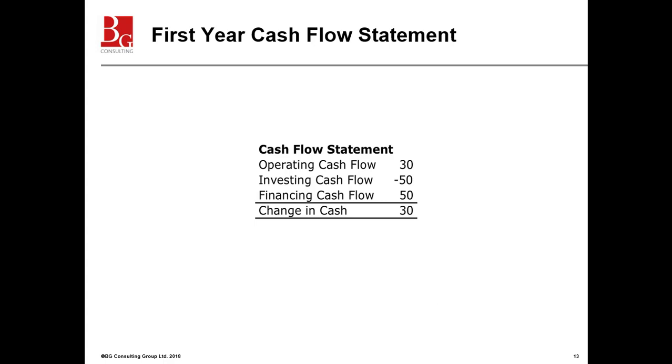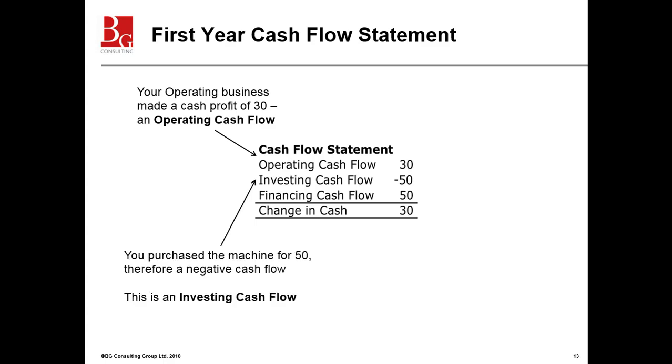Let's look at the first year cash flow statement. Well, we know that the cash inflow to the company was 30, and so the bottom line on the cash flow statement is a change in cash of 30. But where did it all come from? Well, the operating business made a cash profit of 30, and so we call that an operating cash flow. At the beginning of the year, we bought the machine for 50, which was an outflow and therefore shown as negative.